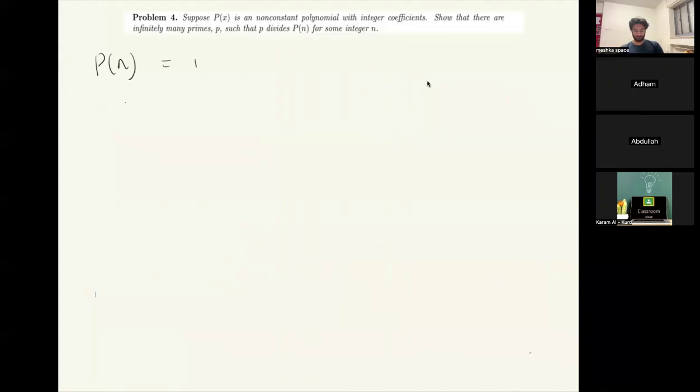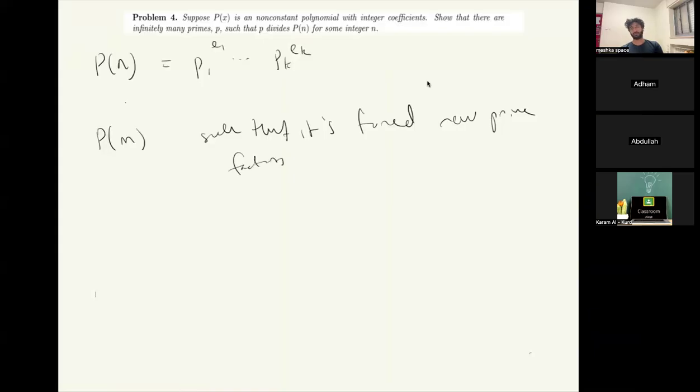Let's say p of n is p1 to the e1 all the way to pk to the ek. Now can I plug in something, p of some m, such that it's forced to have new prime factors? I have some p of n, and I want to produce a number that is somehow forced to have new prime factors. And then I can just repeat somehow. I don't know.